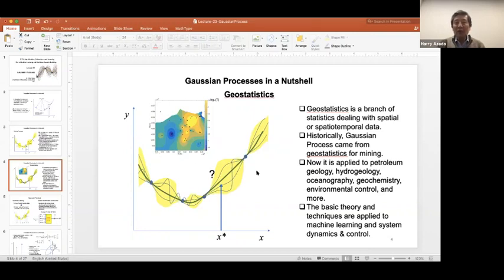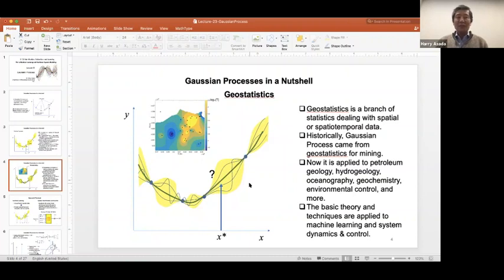Suppose you want to find some petroleum resource, and you dig at a few points along this x-axis and get results here and here. Now you ask yourself, what if I dig here? What is the possibility of getting good results, or in terms of this metric y, what is the expected value?